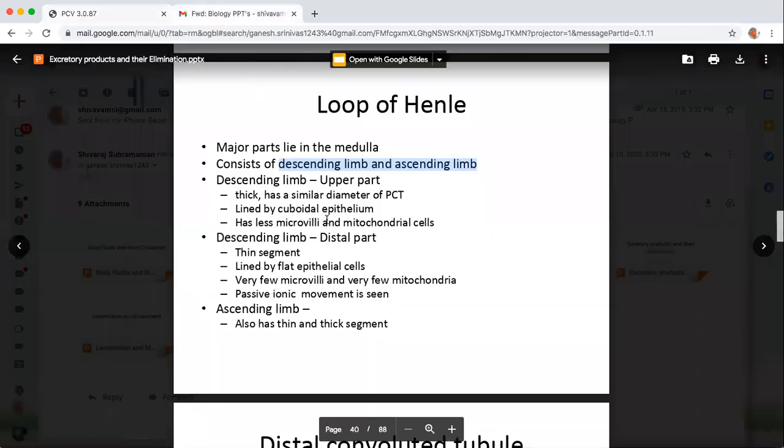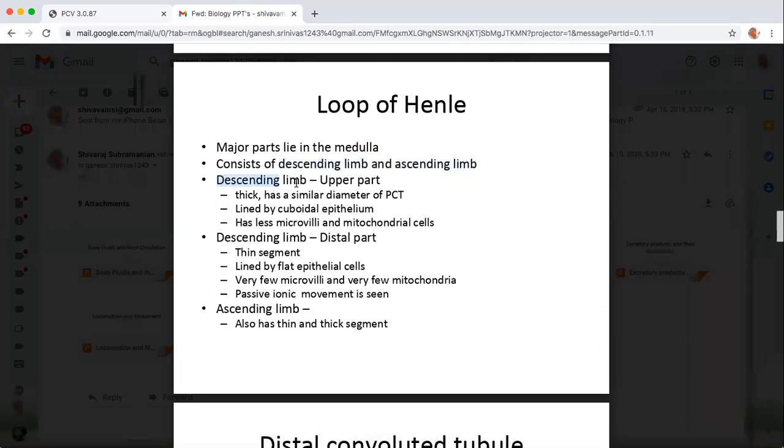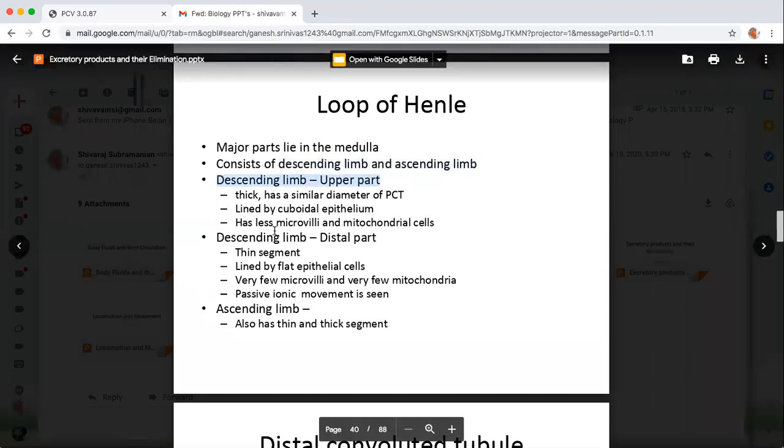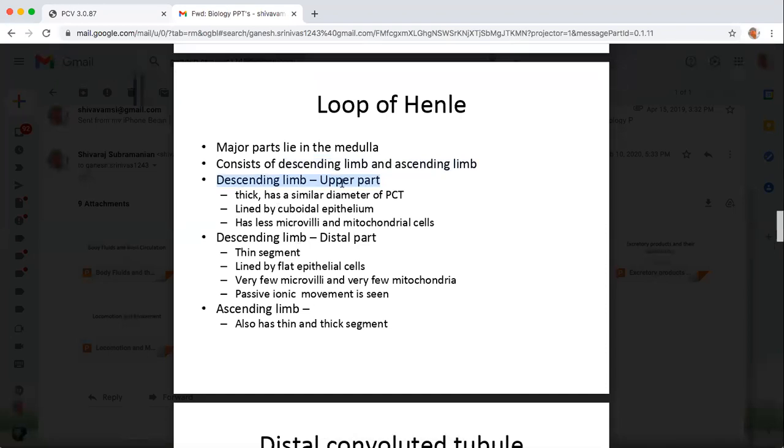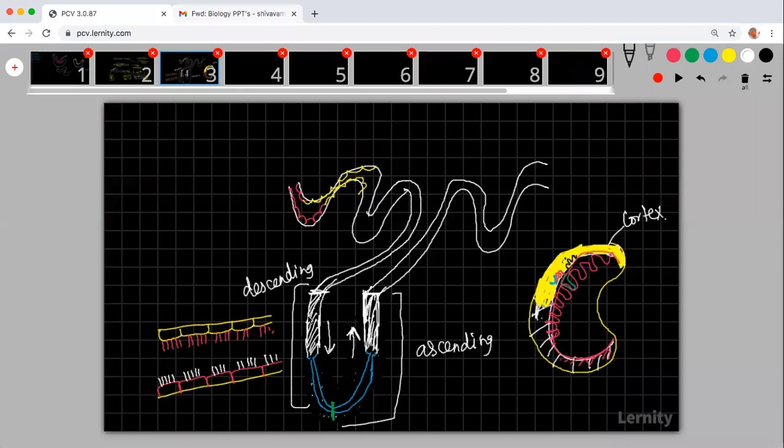Okay. And then you also have this thing. The descending limb and ascending limb will basically have two parts: the upper part and the distal part. The upper part of the descending limb is called the thick segment. Why do we call it a thick segment?